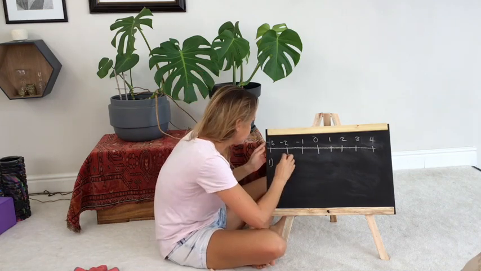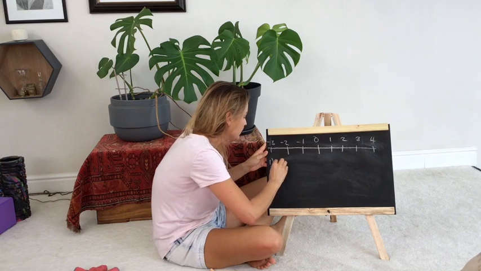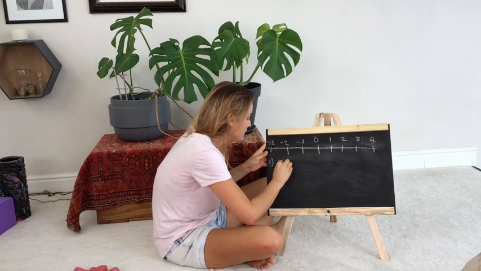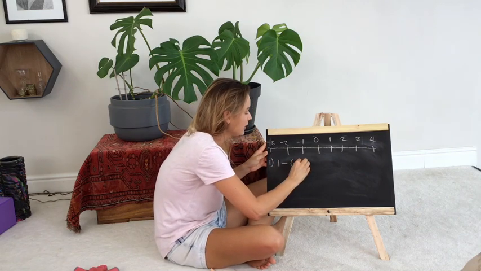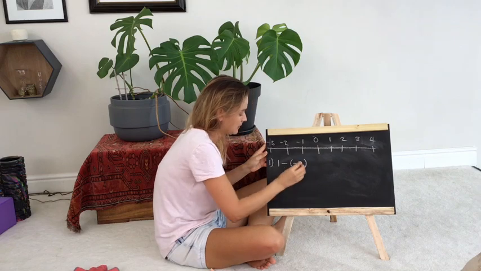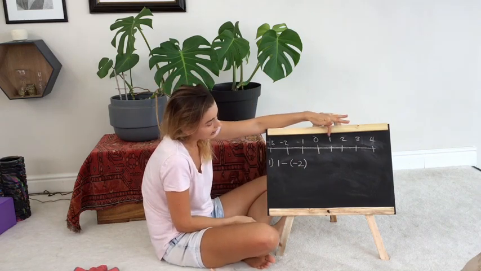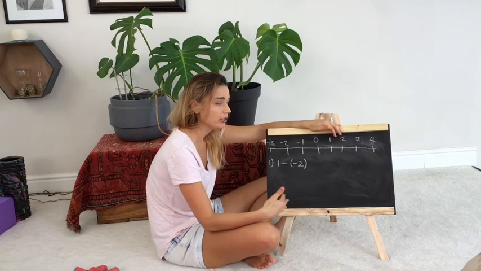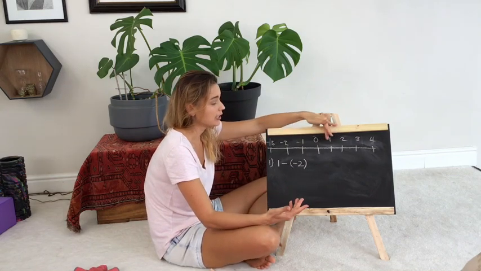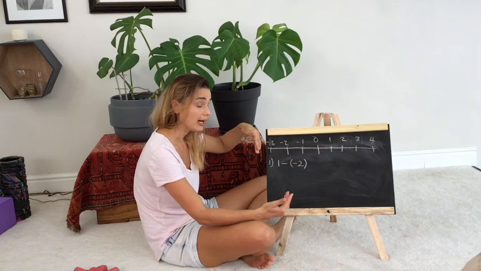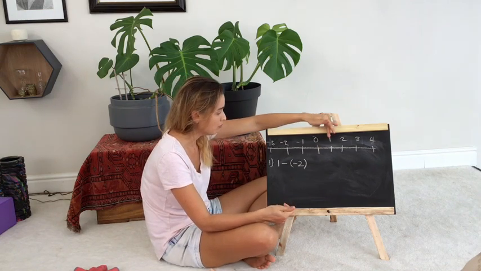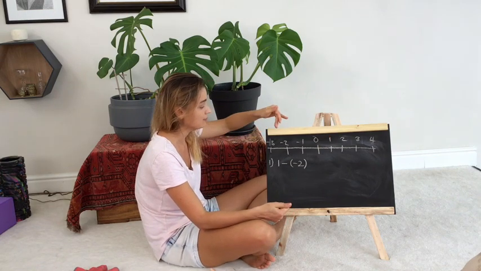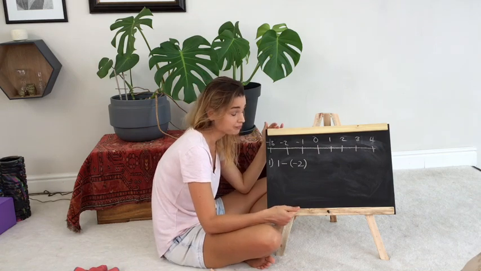So if I said 1 minus negative 2. So it's 1, then the operation says minus. So we know that when we're subtracting, our number should be getting smaller, right? So it's saying 1 minus, but then it's saying minus negative 2.